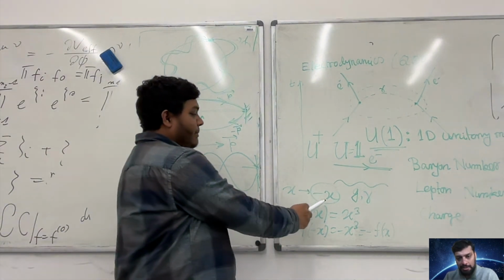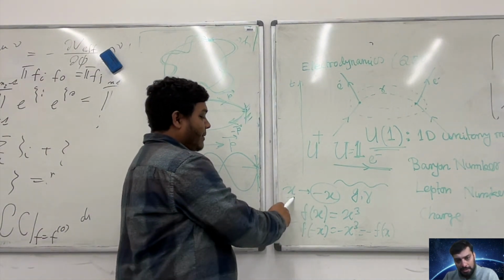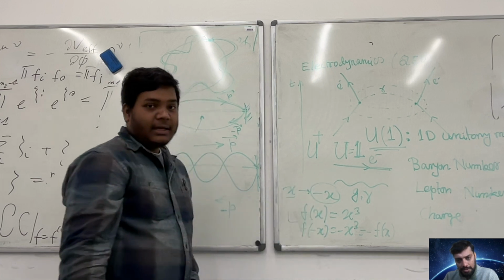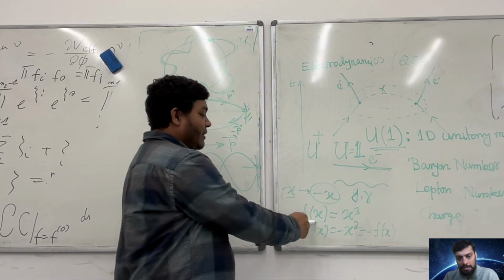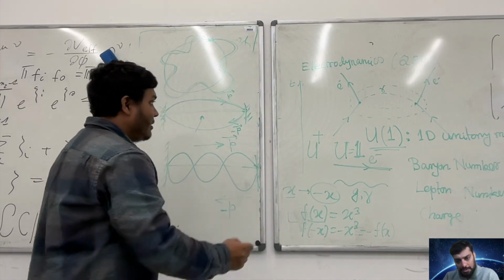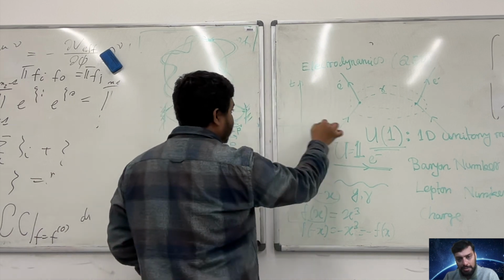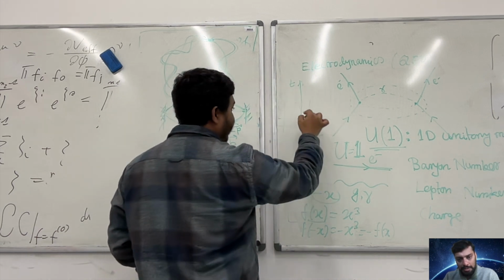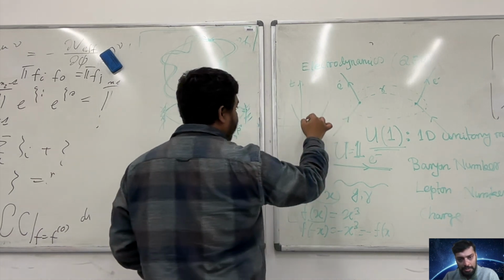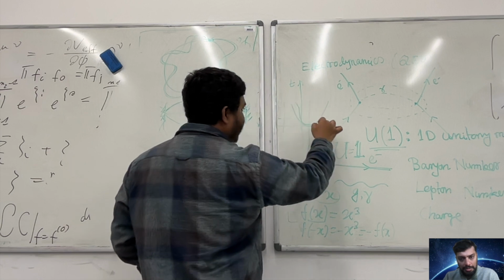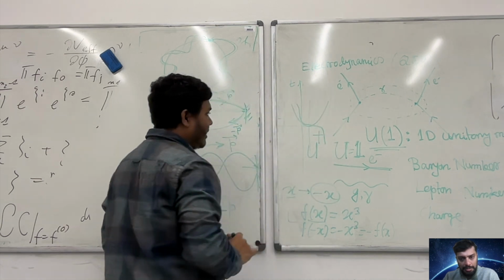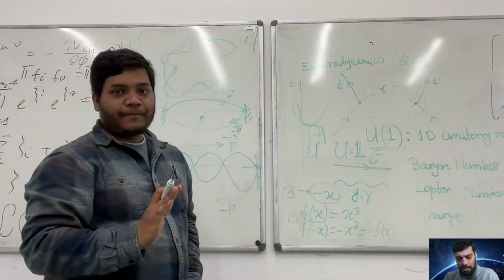If I try to draw this function, it is a cubic function, which is not symmetric. If I consider x square, it will look like this, while x cube will be something like this, which is not a symmetric one.